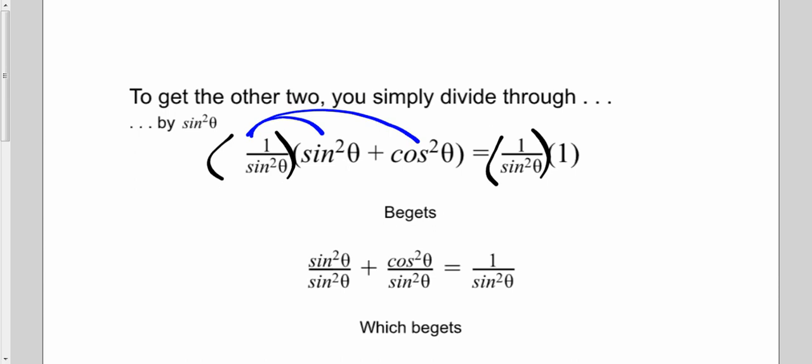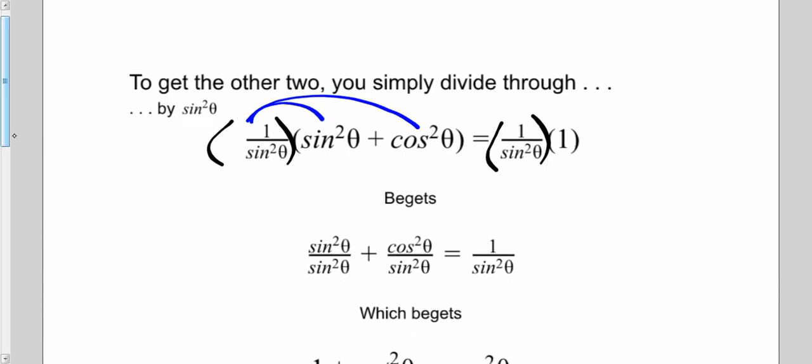So then when I do, I get sine squared theta over sine squared theta plus cosine squared theta over sine squared theta equals 1 over sine squared theta. Now, this looks like a hot mess, right? So let's simplify. What's another name for this fraction? 1. There you go.